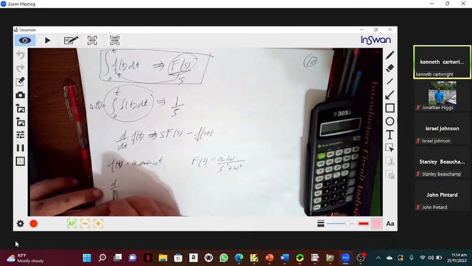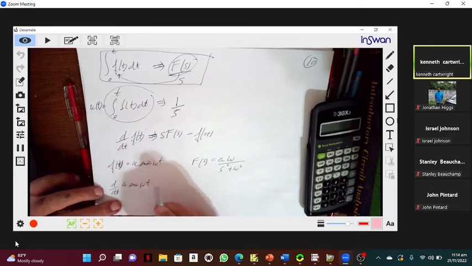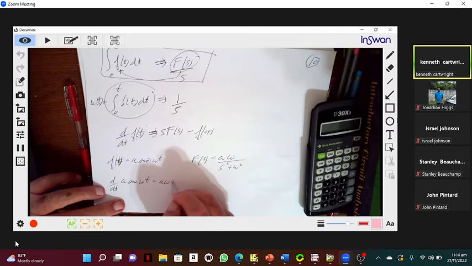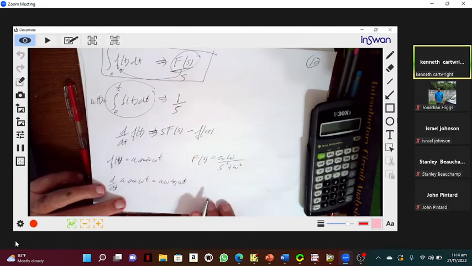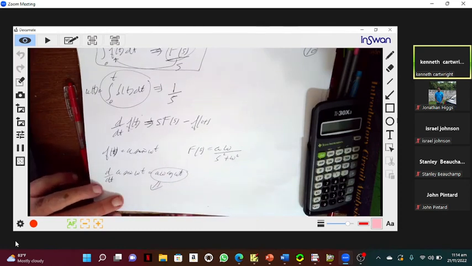So let's differentiate this now. Let's differentiate A sine omega t. What does that become? That becomes A omega cosine omega t, doesn't it? All right. So what is the Laplace of A omega cosine omega t?